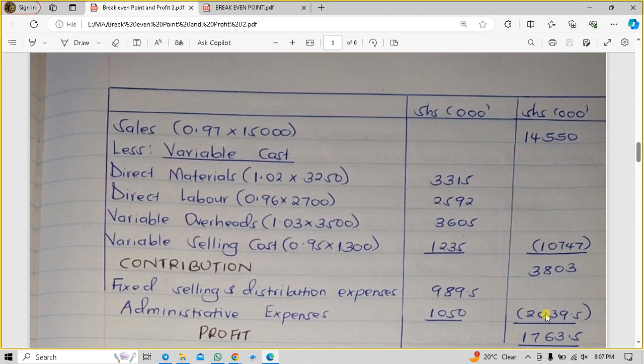So 20, 39, 0.5 times 1,000 is 2,039,500. Divide by 26.14%. Because it's fixed cost over contribution per sales ratio.